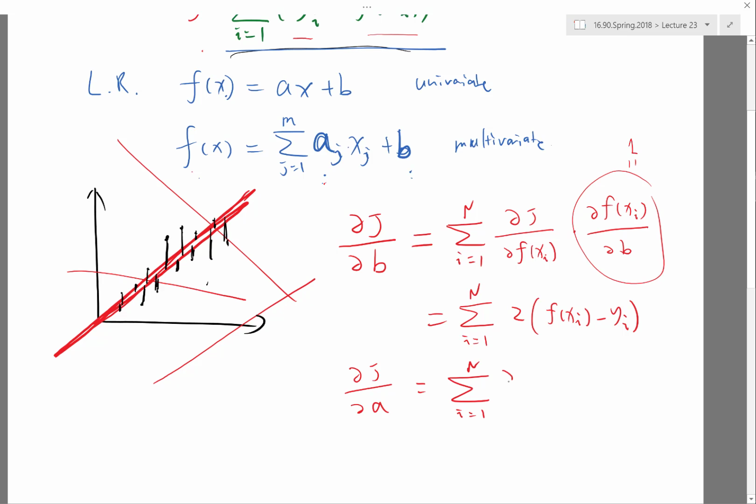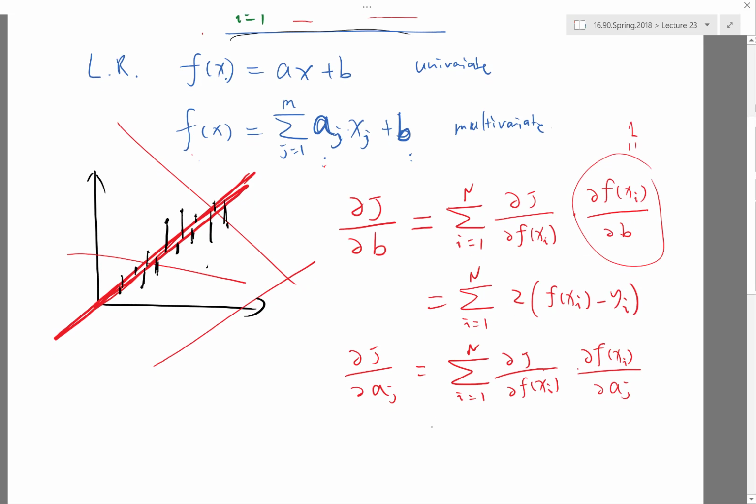And similarly the derivative with respect to a_j is equal to the same partial J, partial f of x_i, but then it's multiplied by something that is not equal to 1. So let me make it a little bit clearer. This f is going to be evaluated at each sample x_i, and this j is the jth component of the ith x, right?